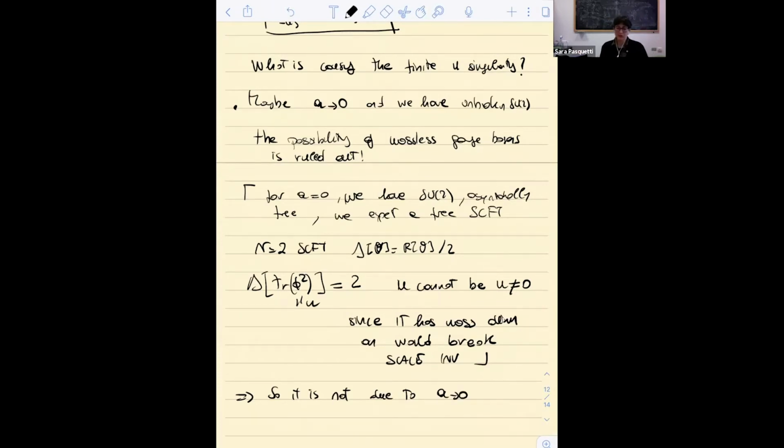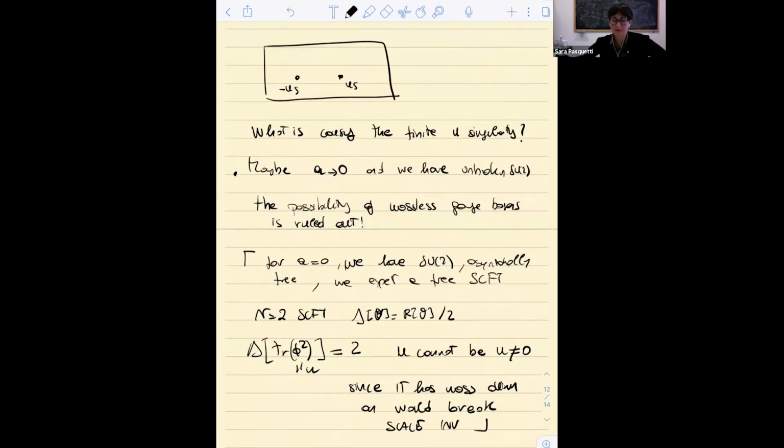So what else can be going on at this point? What can be the physical origin of the singularity at these points u equal to u_s and minus u_s? Well, now we need to go back to the observation that we had at the beginning of this lecture regarding the presence in the spectrum of other particles which are massive, and those are the monopoles, which are massive and carry a magnetic charge.